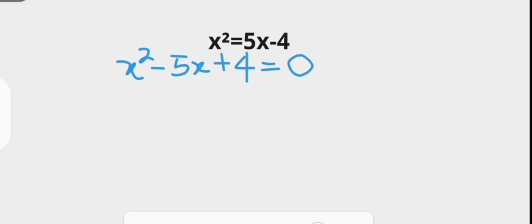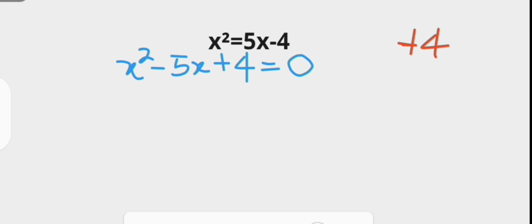As learned in our previous tutorial, when we have this kind of equation, how do we factor it? We are going to look for the factors of the constant term, positive 4, whose sum will give us negative 5.